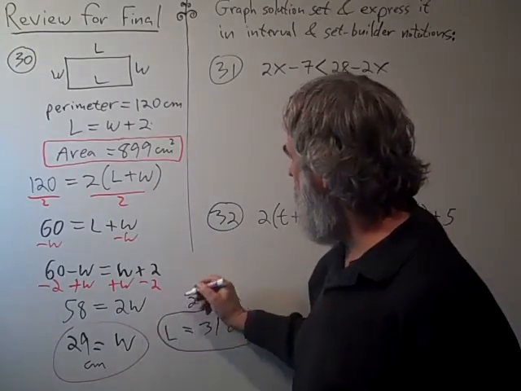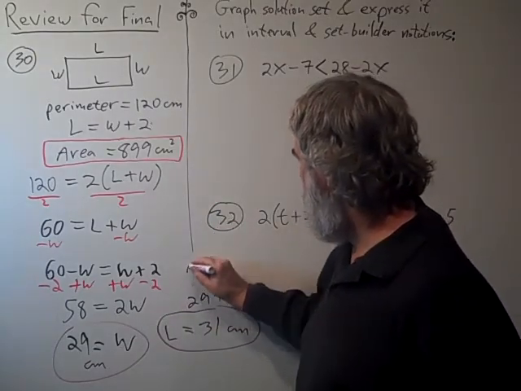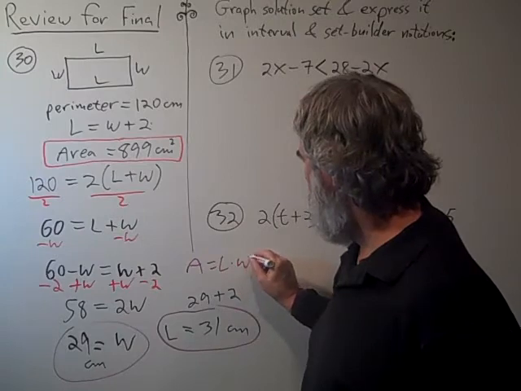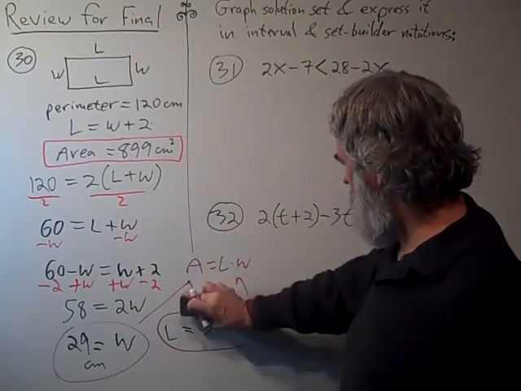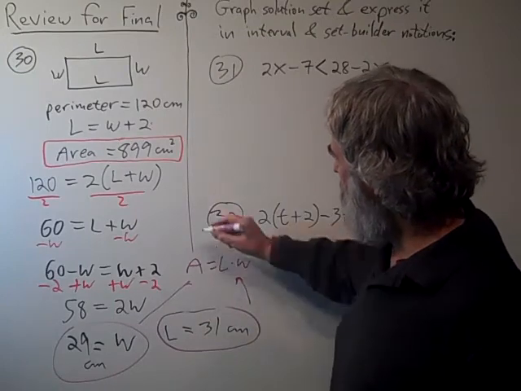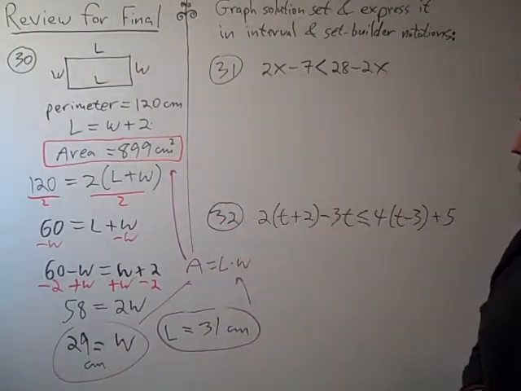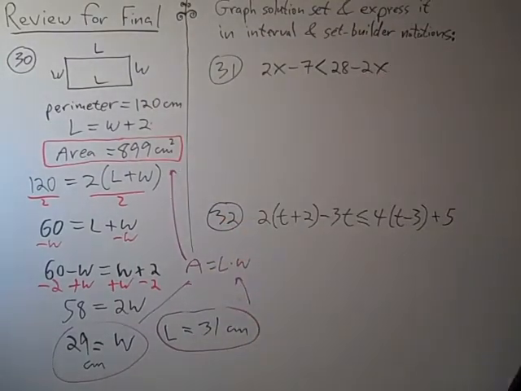Again, multiplying the length times the width, we then get the area for this rectangle.